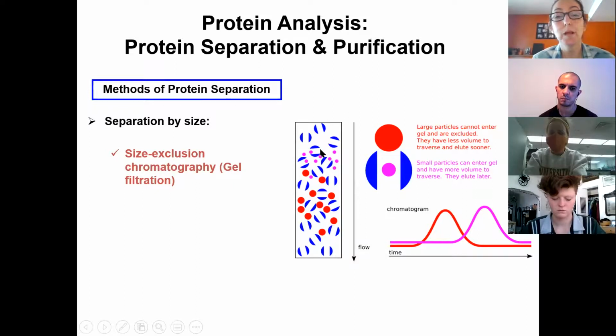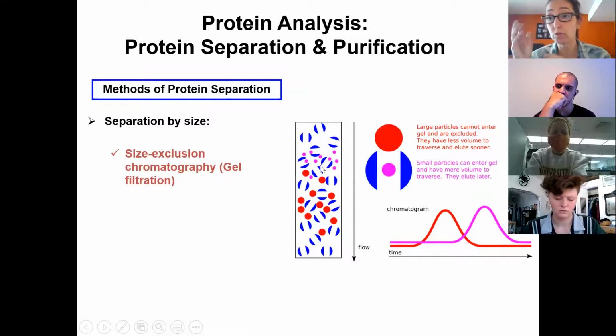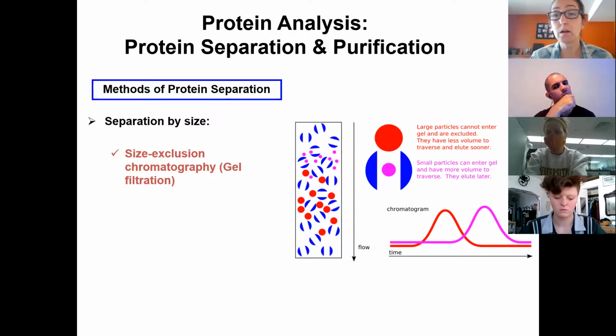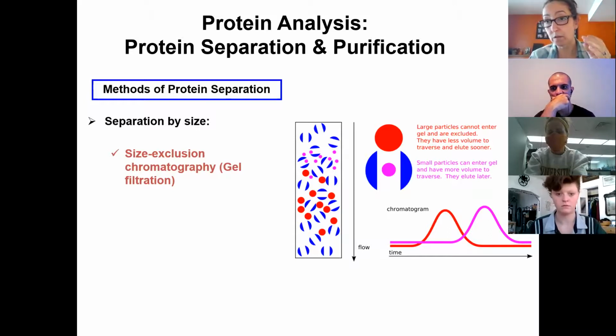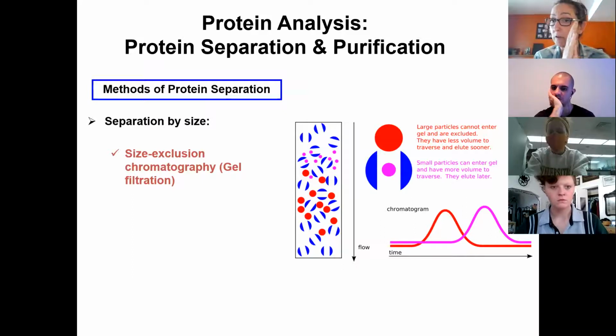Basically, proteins that are small in size have access to almost all of the pore sizes, so they go into the pores of the particles and get delayed. Those that are large will not go into the pores and will just go with your void volume. The very large molecules don't go into anything and come out with the void volume.